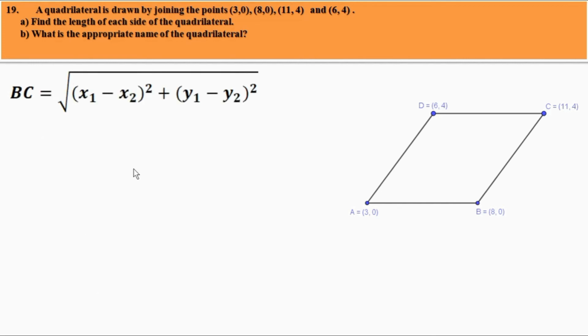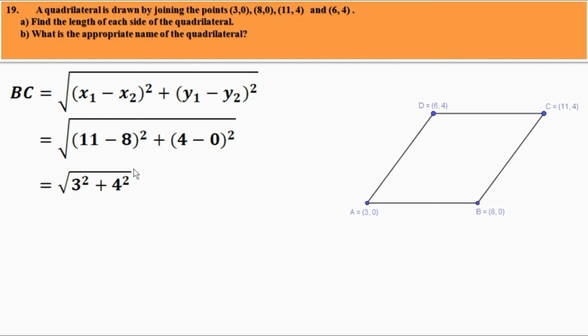Now let us find BC. It's the distance between the points (8, 0) and (11, 4). Here the x coordinates are 11 and 8, y coordinates are 4 and 0. So we can write root of (11 minus 8) whole square plus (4 minus 0) whole square. 11 minus 8 is 3 and 4 minus 0 is 4.